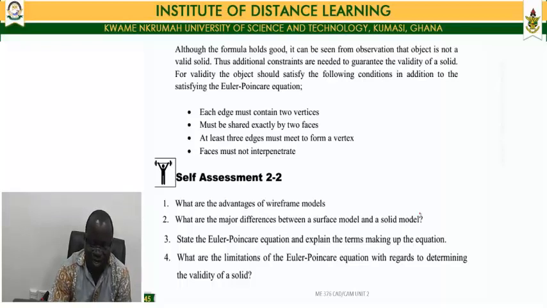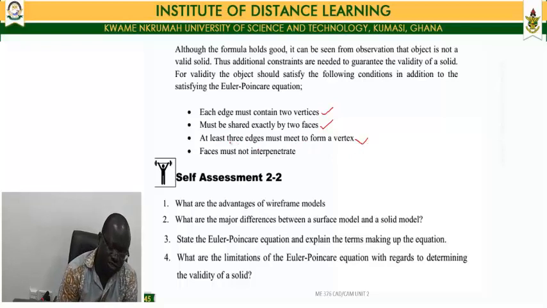Now, at least 3 edges must form a vertex, must meet, so it's 3 or more. Now, faces must also not interpenetrate. Very critical. Right, so these 4 conditions plus the equation could help you determine whether or not a representation is a valid one.